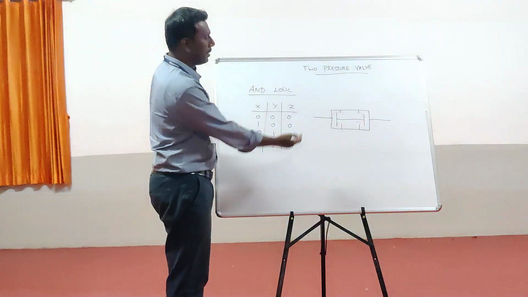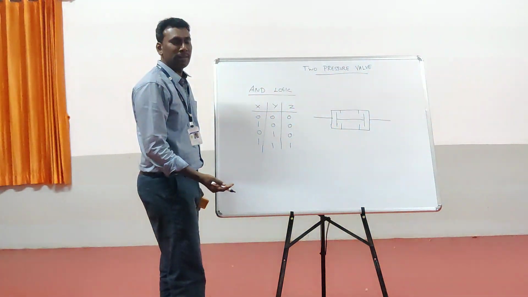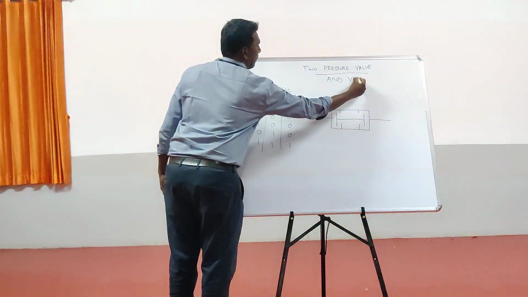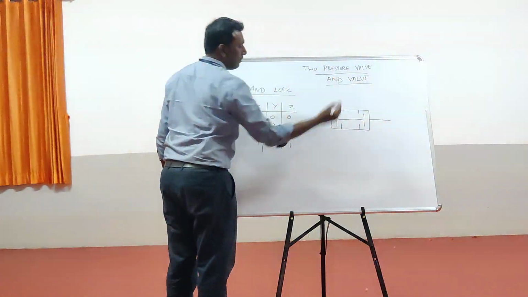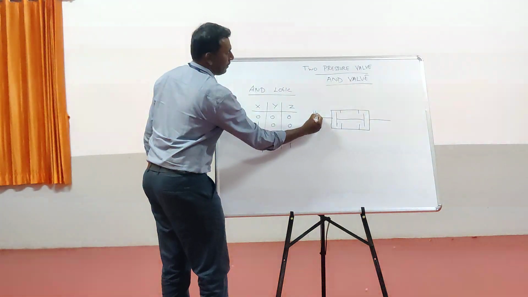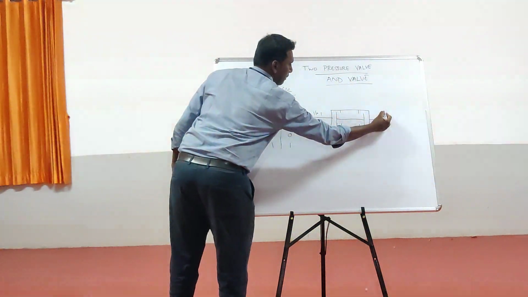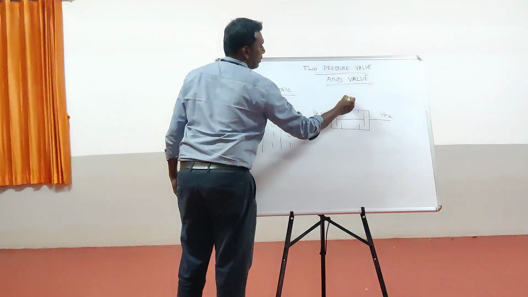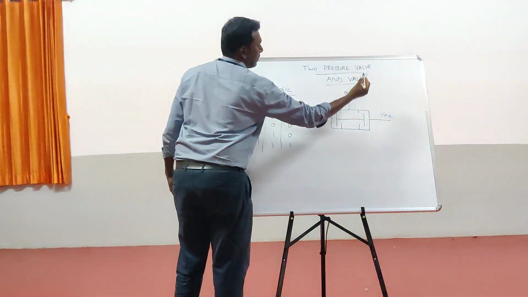This is the symbol of the two pressure valve, otherwise called an AND valve. This is input 1, this is input 2. In between these, we take an output.